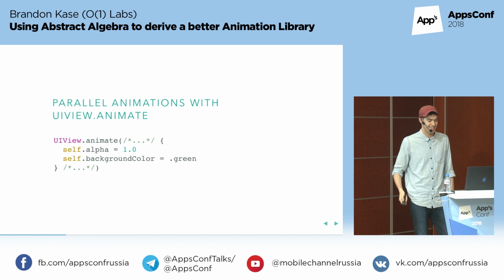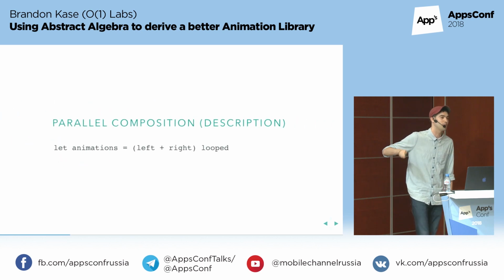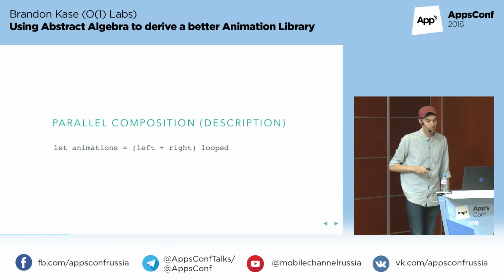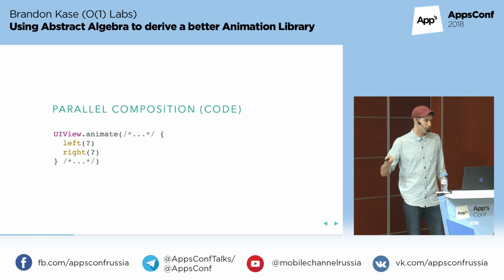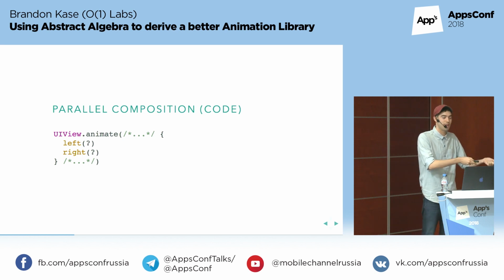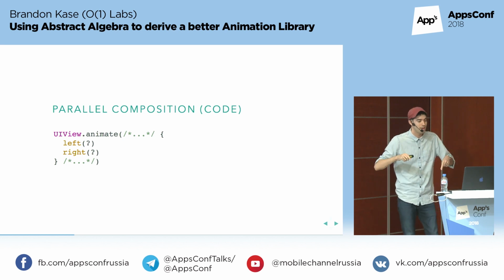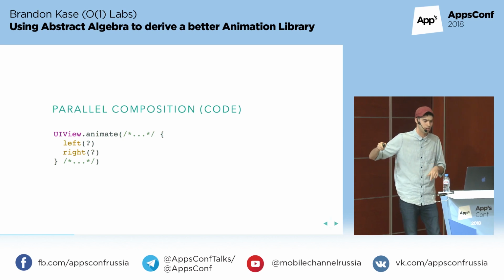But okay, let's try it. Well, we want to do it with this left and right we defined before, and we want to loop it. Okay, we can call our functions that we wrote, but that's not right. These functions call UIView.animate inside of themselves. So we could rip that out. But then we have to use the same easing curve for the 2 animations, and that's not what we want either.